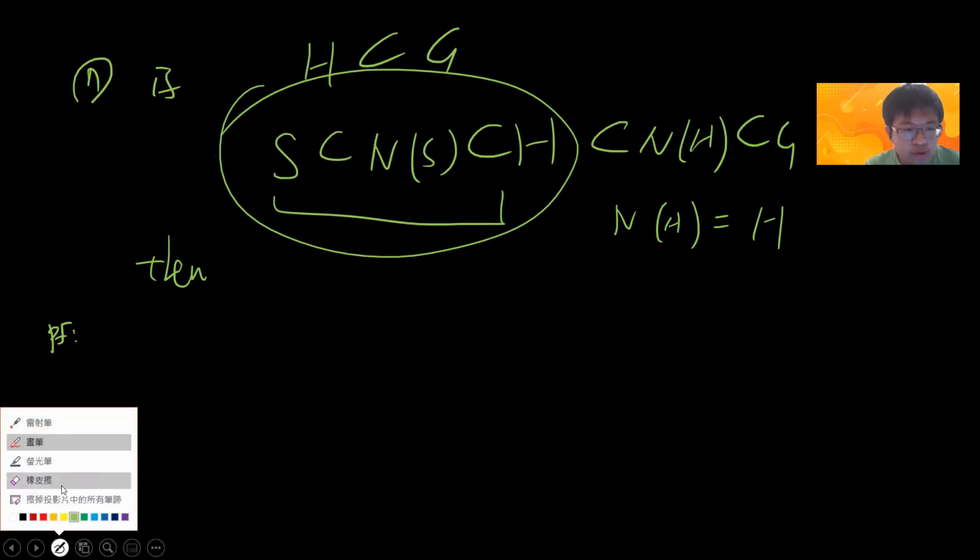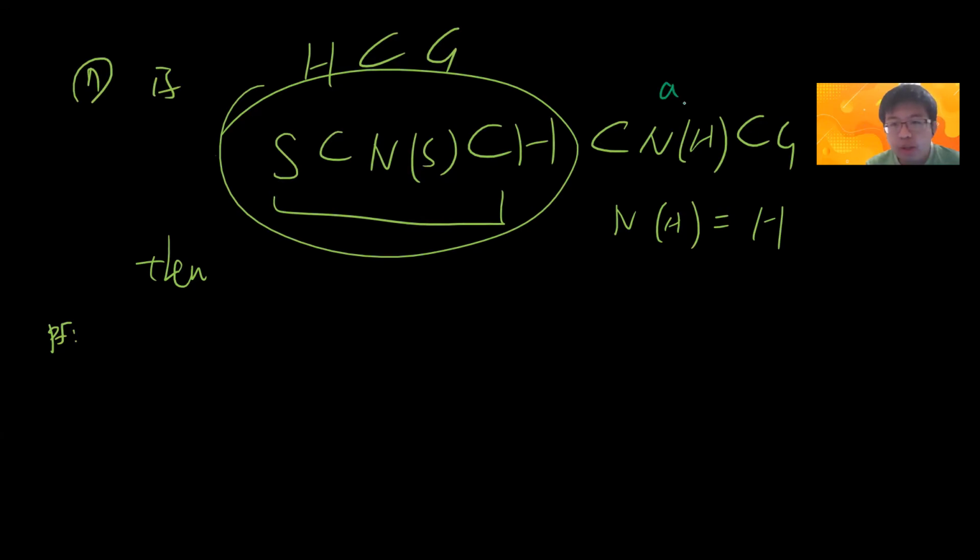Let's pick some A belonging to the normalizer of H, and we want to show that A belongs to H. So by definition, A is this.